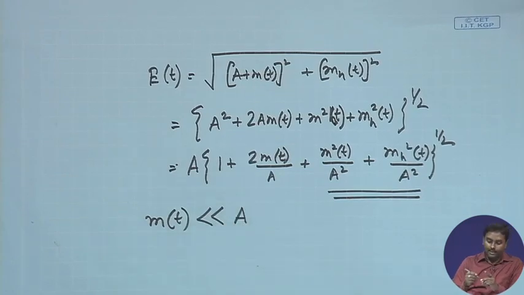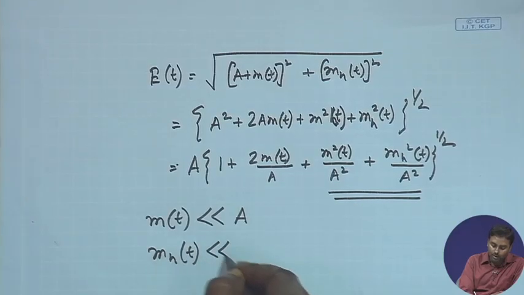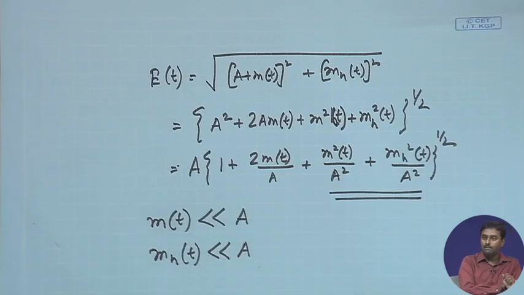And also you can see Hilbert transform, what it does, every frequency component it actually gives the same amplitude. So if m(t) is much less than A, I can also write m_h(t) should also be much less than A. This is something I can write, because in the amplitude of Hilbert transform, means in the transfer function, the amplitude actually gets translated with unity gain, every frequency component.